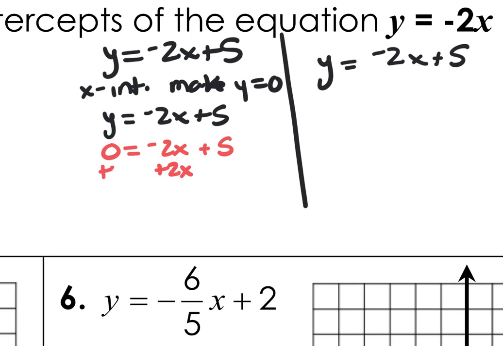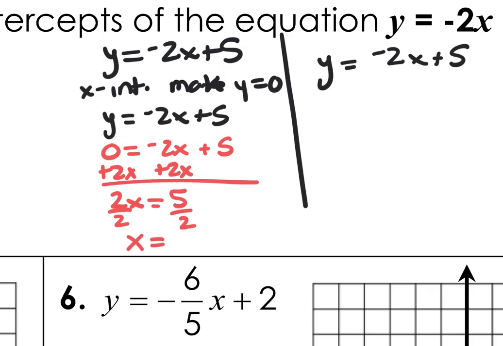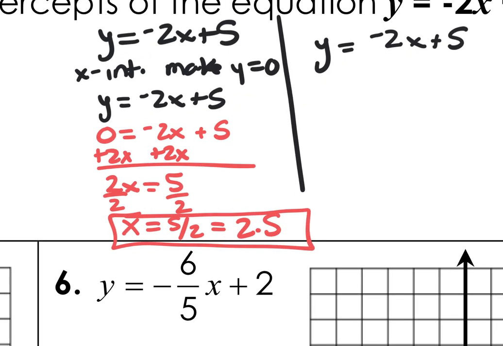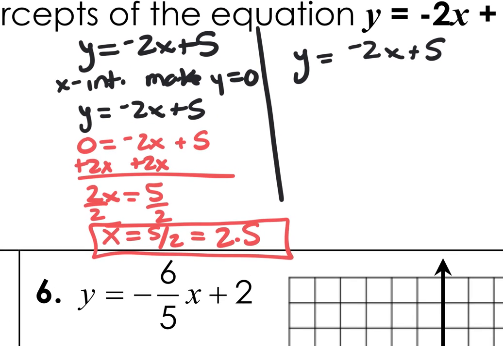I'll add 2x to both sides. 2x equals 5. Divide by 2. And I might say x equals 5/2 or 2.5. That's going to be the x-intercept. Remember, if you want the x-intercept, all you need to do is make y equal 0.